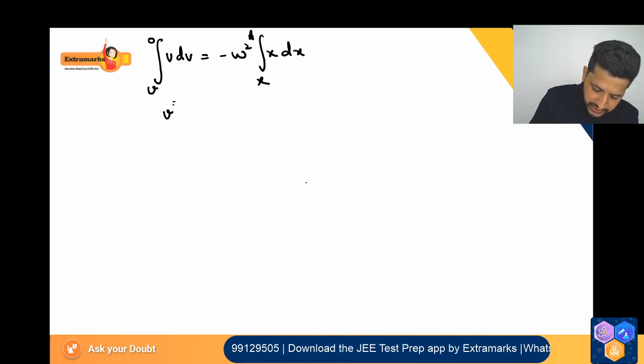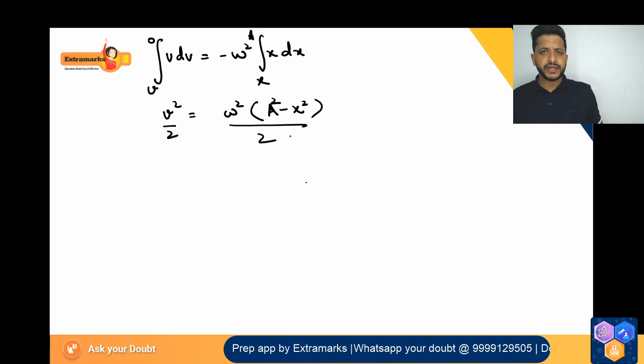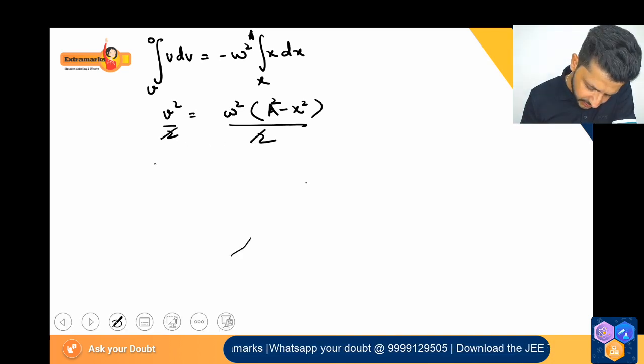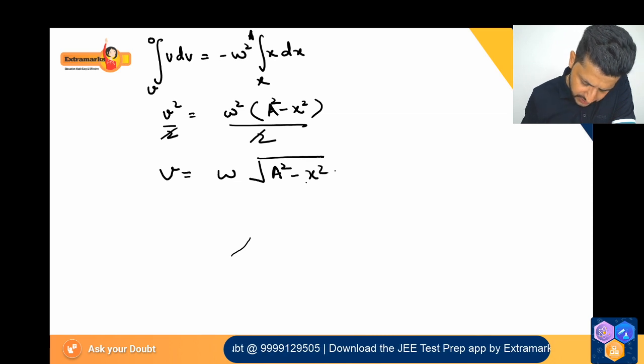So when I integrate this, I get v square by 2 is equal to omega square into a square minus x square by 2. Correct? Very simple integration. 2 and 2 go. So we are left with v is equal to omega root of a square minus x square.